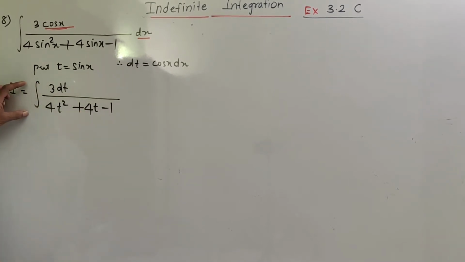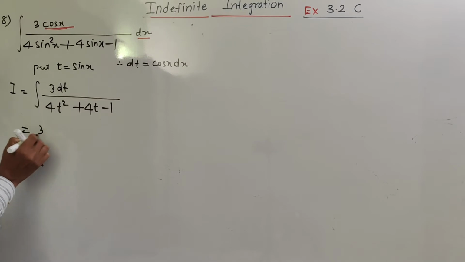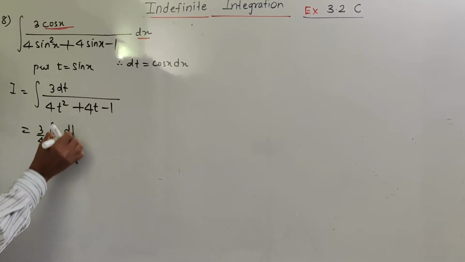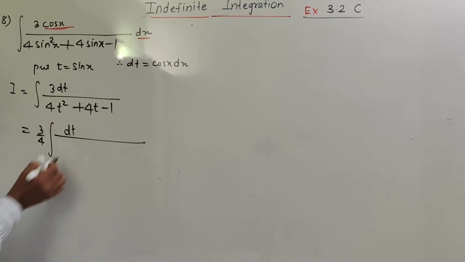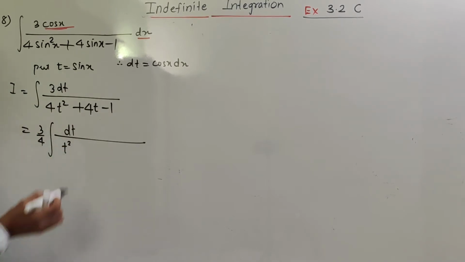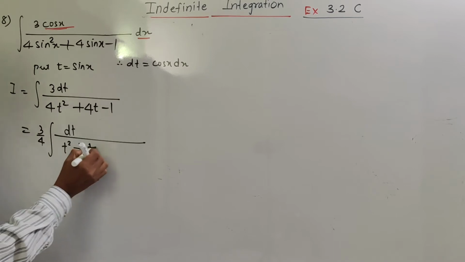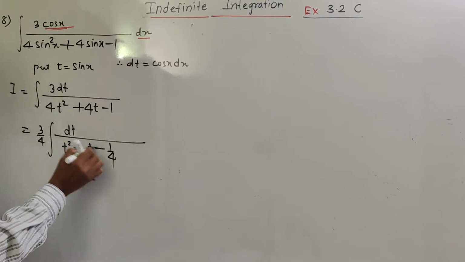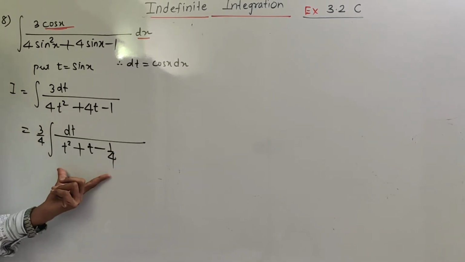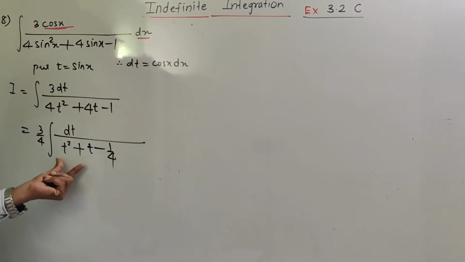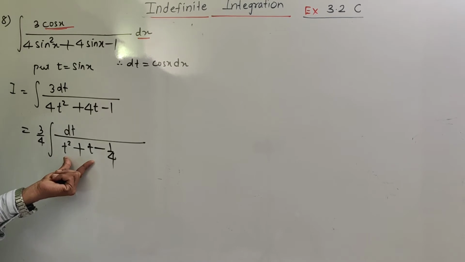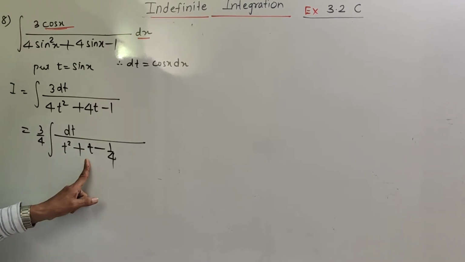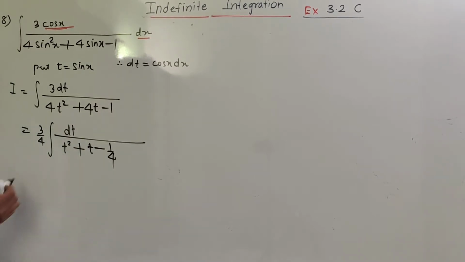Now 3 by 4 we can write outside the integral: 3 by 4 integral dt upon, taking 4 common from the denominator, t square plus t minus 1 by 4. Then it is of the form dx upon ax square plus bx plus c. By the method of completing the square, half the coefficient of t is 1 by 2 and its square we add and subtract.